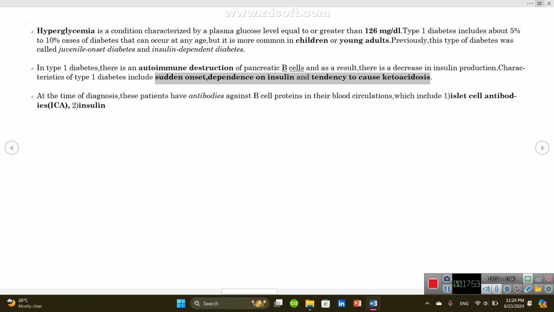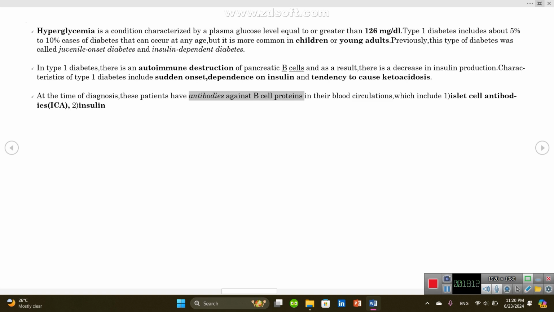The immune system finds out beta cells are foreign cells. At the time of diagnosis, these patients have antibodies against beta cell proteins in their blood circulation.